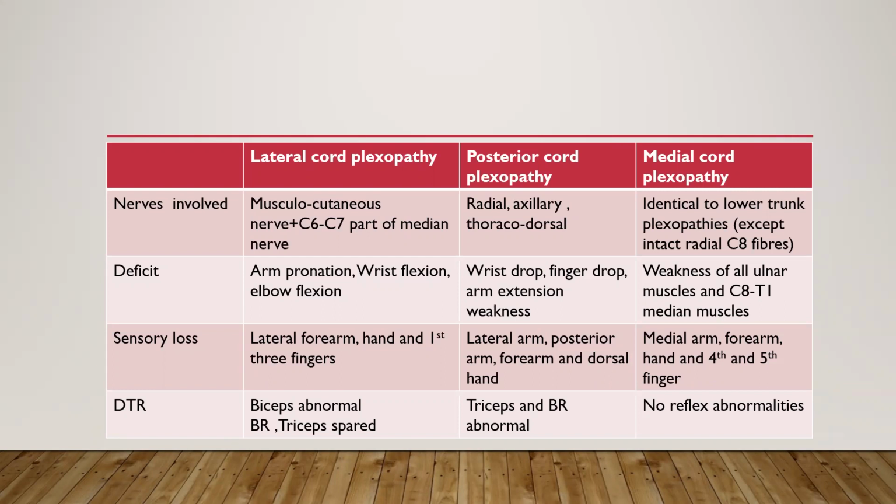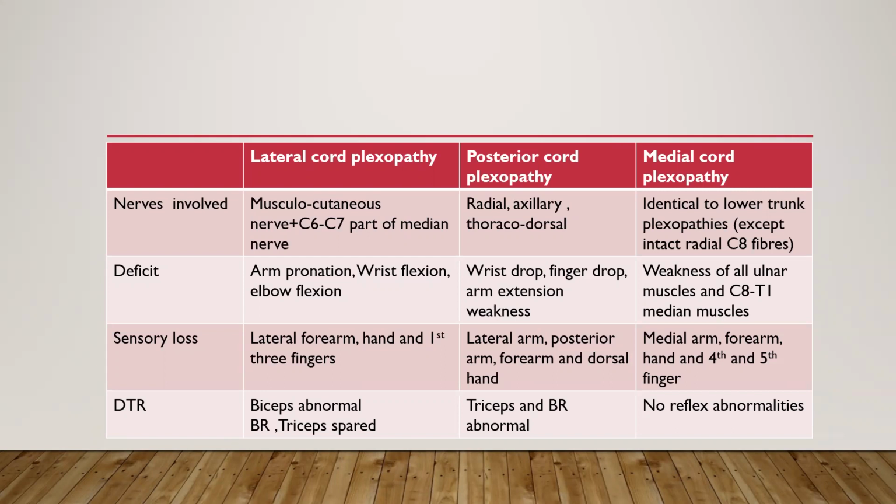Then the posterior cord: thoracodorsal nerve, which supplies latissimus dorsi, axillary nerve, which supplies deltoid, and radial nerve, which supplies triceps and wrist extensors. So there will be wrist drop, finger drop, and triceps weakness in posterior cord lesions. The sensory loss will be lateral arm, posterior forearm and dorsal hand.